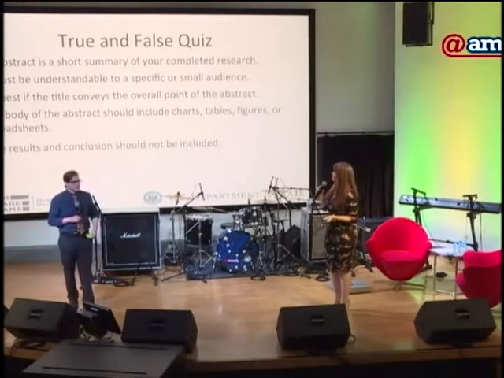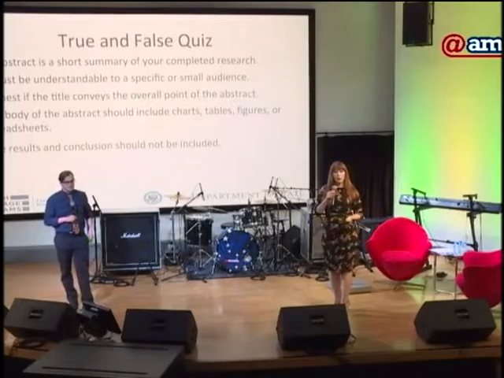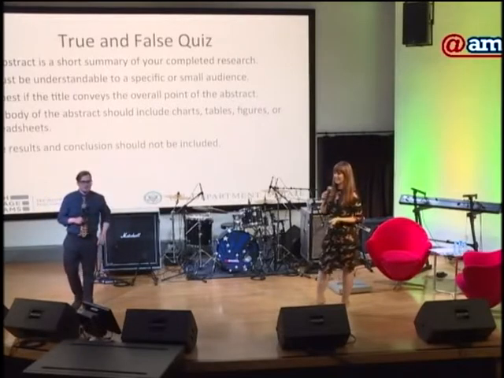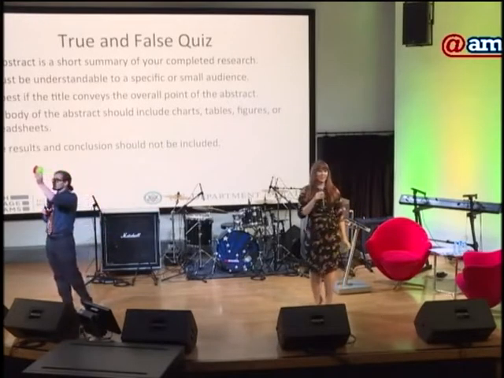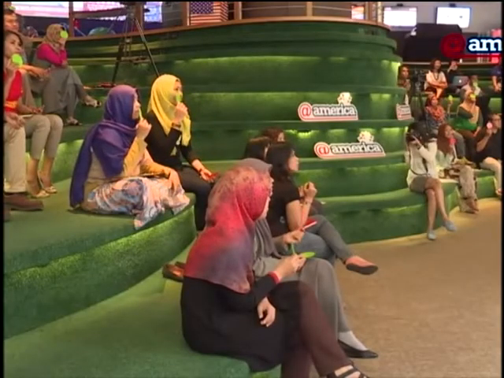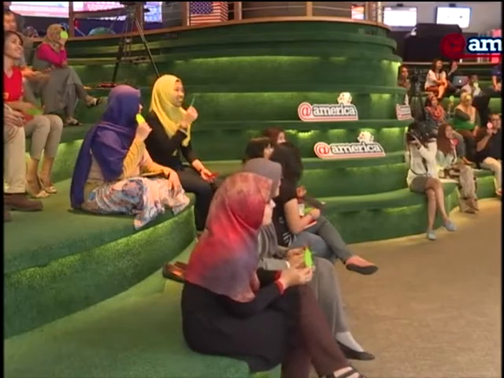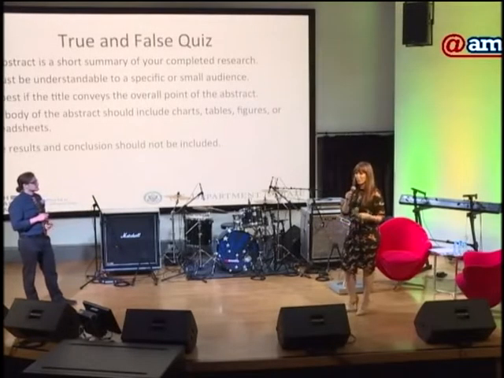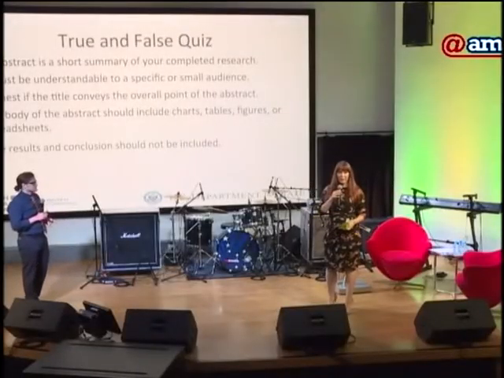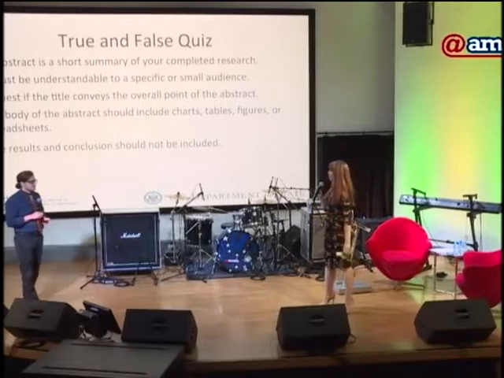It must be understandable to a specific or small audience. See your card. Is it green? Is it red? Green circle, red circle. Oh, okay, it's about 50-50 here. We're not sure, and that's okay. This lets us know what we need to address. Okay, so the key part here is specific or small audience.